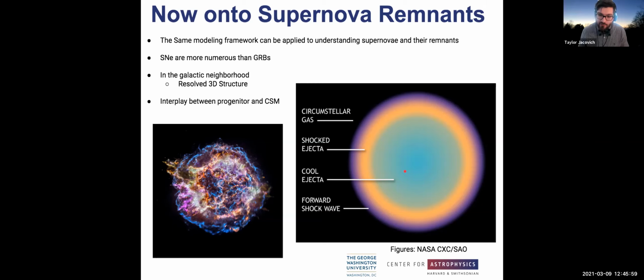We will then have the ejecta from the explosion, and we have that same forward shock region. Again, it's much closer to the star, and instead of having just a jet, we have a more or less spherically symmetric shock wave, which is shocking the CSM. And then we have the shocked ejecta, which plays a bigger role in the remnant emission than it does in the later stages of the afterglow. And that's the reverse shock there, shocking the ejecta.